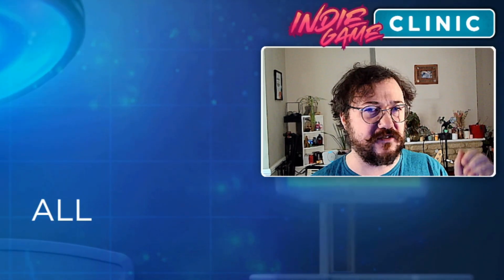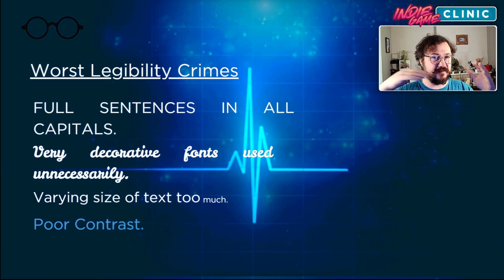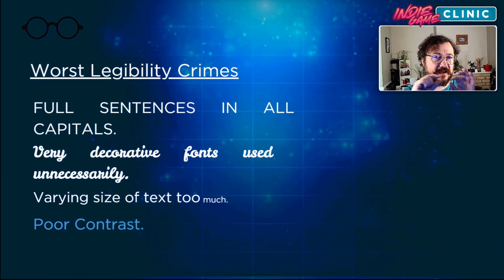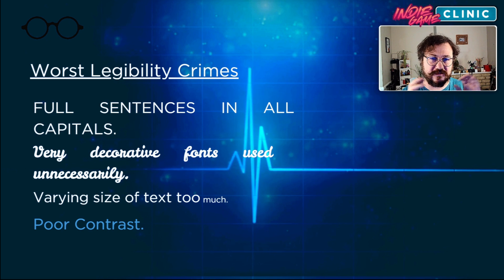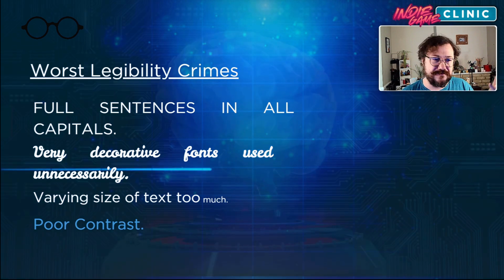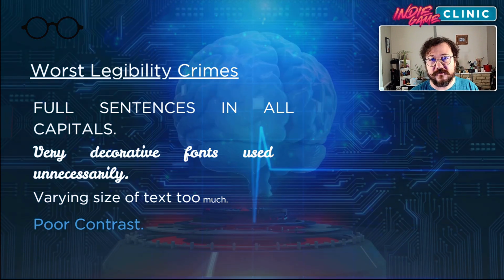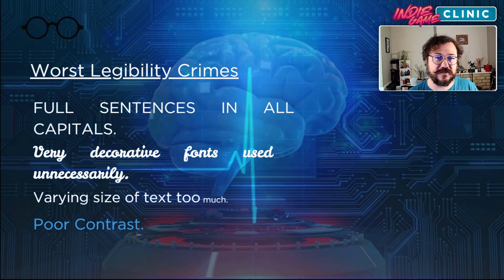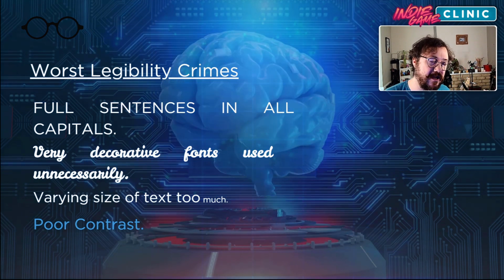So try not to have massive differences in the size of text. It's okay to have much smaller text if it's for something like copyright information, but not for things that players actually need to read in order to play.